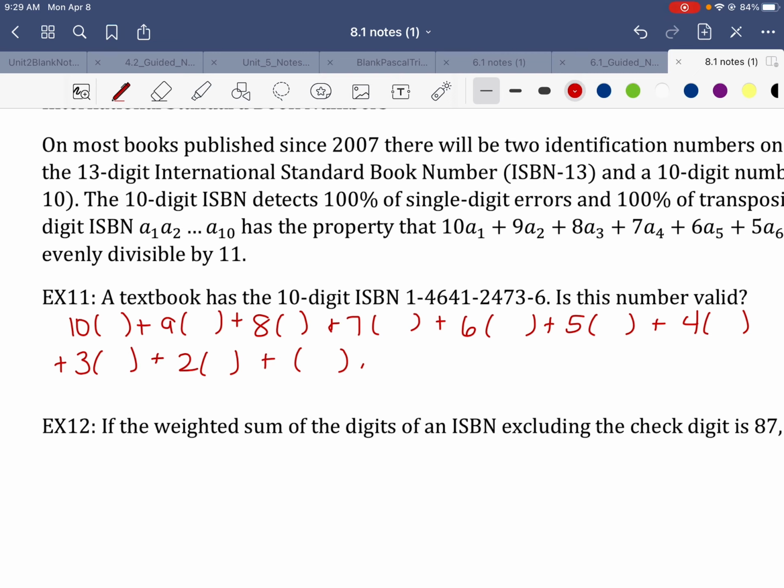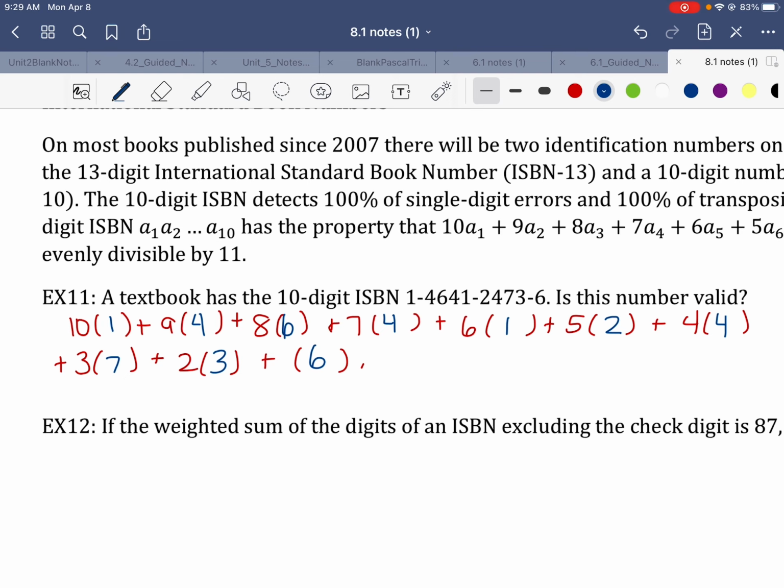So the number that I have, I'm going to put this in a different color, is 1, 4, 6, 4, 1, 2, 4, 7, 3, 6. So that's my full number.